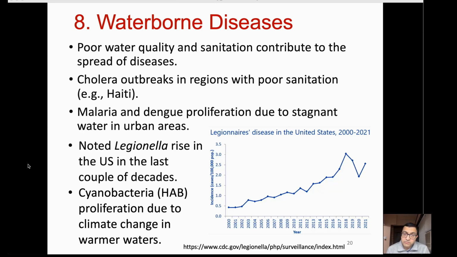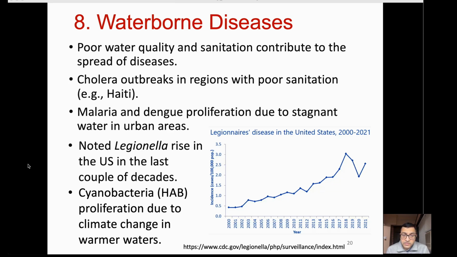And then there are also malaria and dengue proliferation due to stagnant water in urban areas, especially in tropical climates. In the US, there has also been a noted Legionella rise in the last couple of decades. In this plot you can see from 2000 to 2021, it's been a pretty steady increase. And some of these are associated with warmer temperatures, even for the buried pipelines.